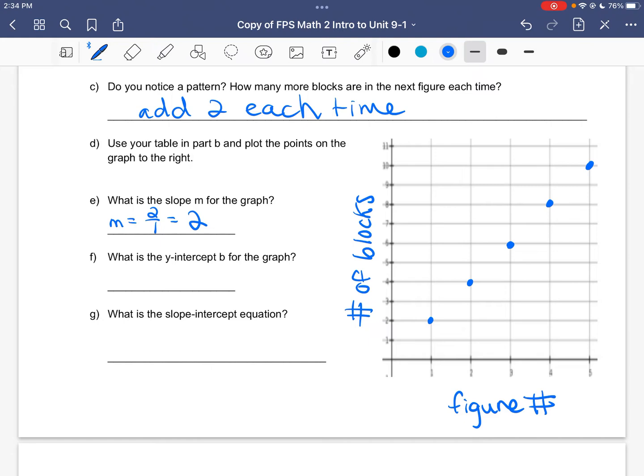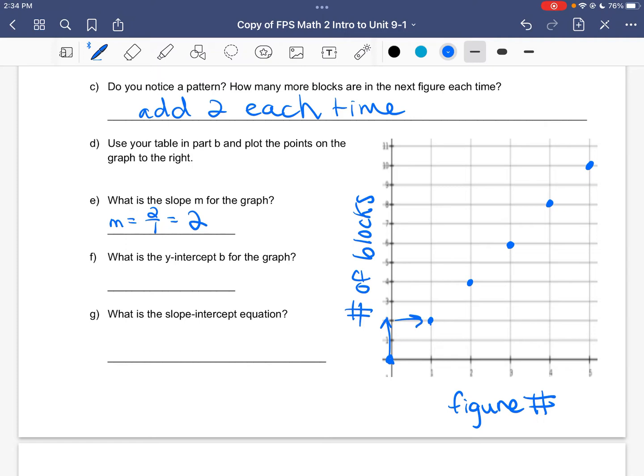My y-intercept. Now this one's a little bit trickier, but again, we can extend our pattern out. So if I was going up 2 over 1 every time, right, then I can do kind of the opposite. Down 2 over 1, right, which is 0. And if I want to double check that this makes sense, right, I can go up 2 over 1.